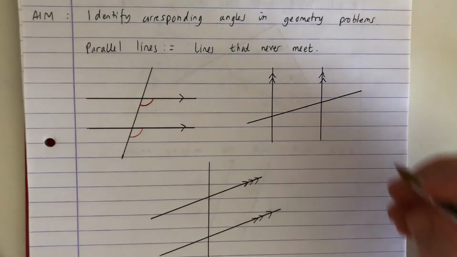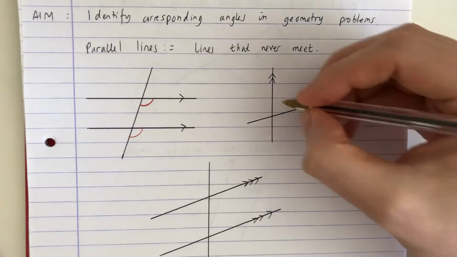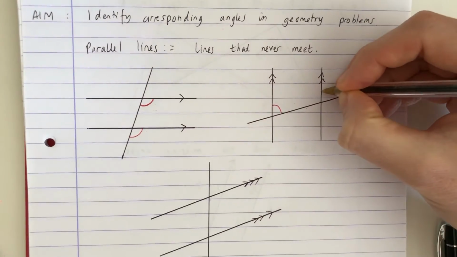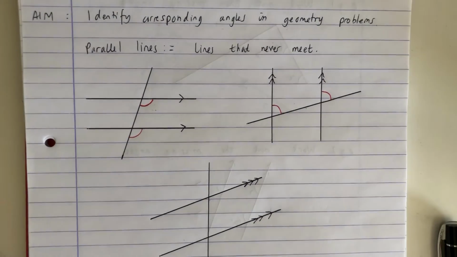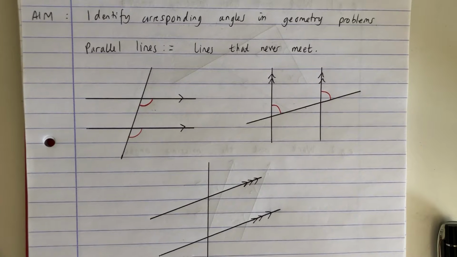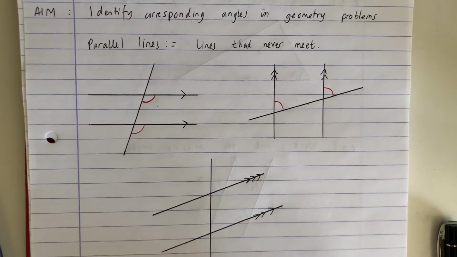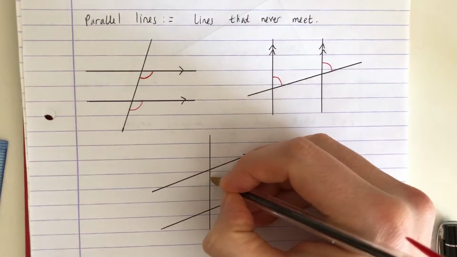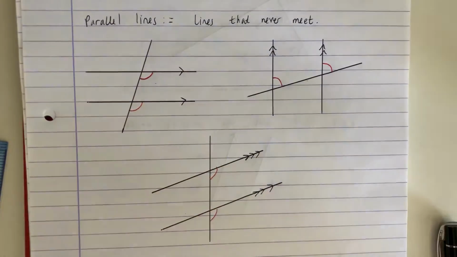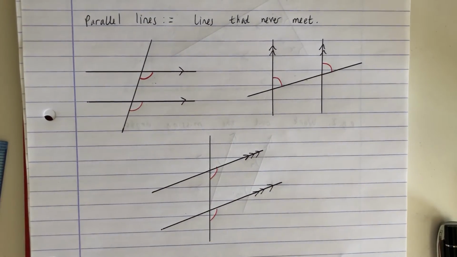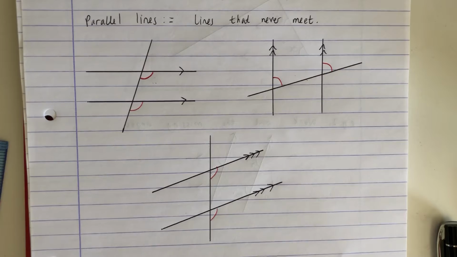Also, if you drew this diagram out and you measure just these two angles, I guarantee they'll be equal to each other as well. And if you pick up the third diagram and you measure these two angles, I guarantee again with a protractor they'd be equal to each other.